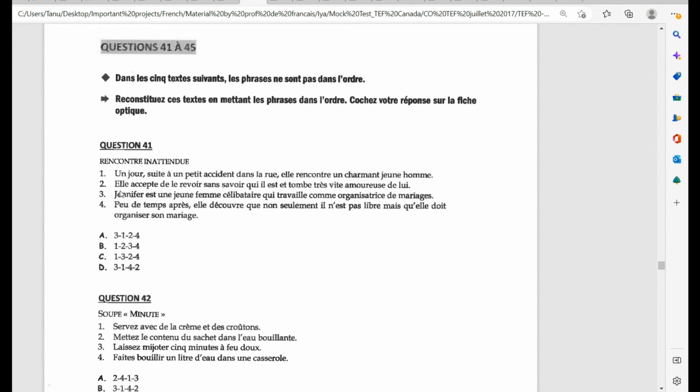So probably statement 3 should come before statement 2. And then the next strategy would be to pay attention to any connectors like peu de temps après. So maybe this statement would come towards the end, maybe third or fourth when we rearrange them. So let's solve a couple of them together.